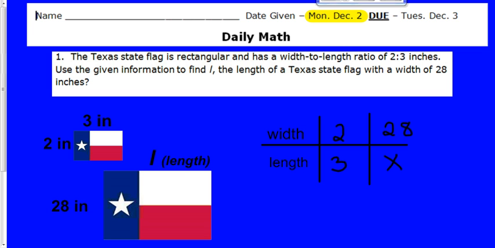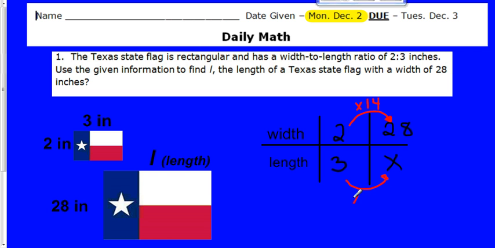Looking at this, I know to go from 2 to 28, the scale factor is 14. If I do it to the top, I have to do it to the bottom.